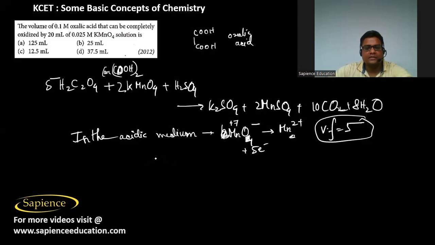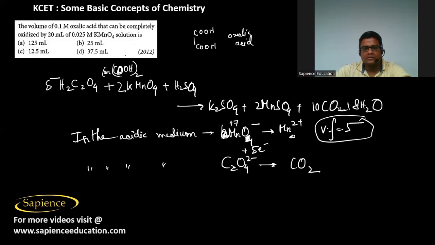And in the acidic medium, C2O4 2 minus ion, which is the oxalate ion, will change into CO2.